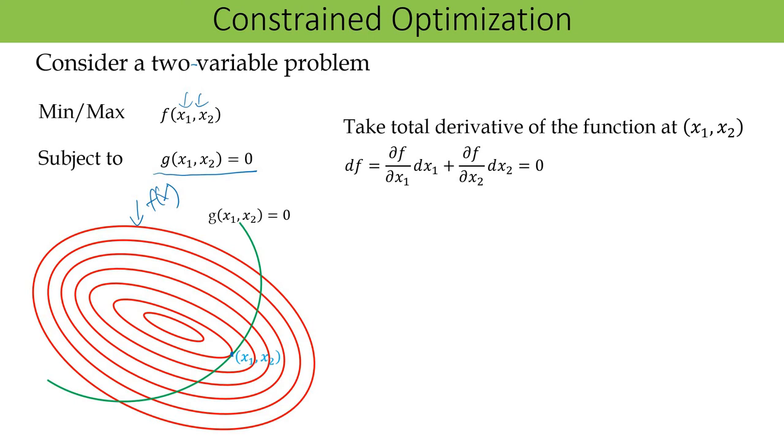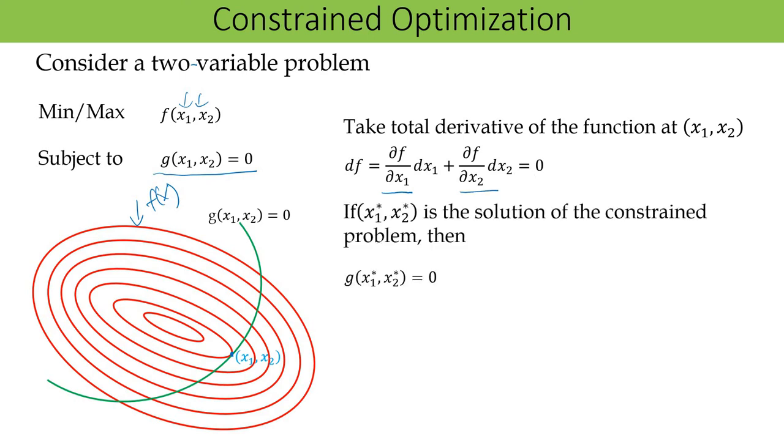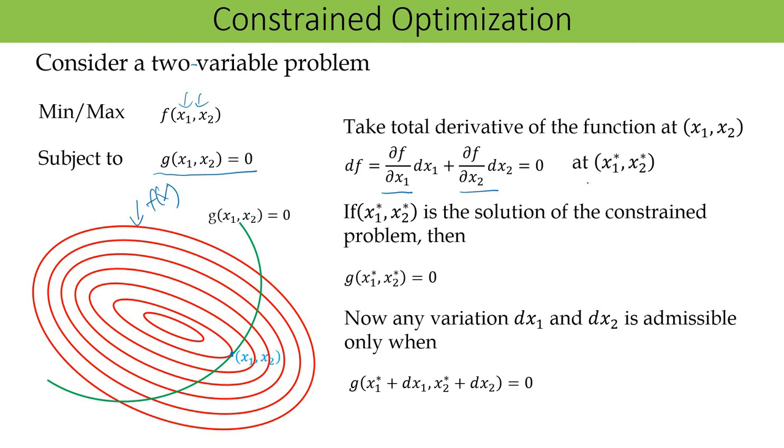So if I take the total derivative, it is equal to del f by del x1 into dx1 plus del f by del x2 into dx2, and that must be equal to 0 at x1 star and x2 star, that is the optimal point.